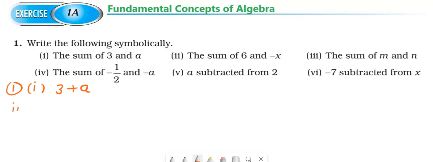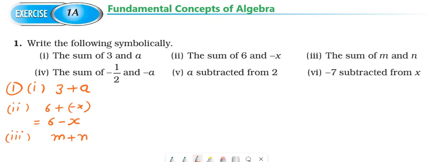Second part, the sum of 6 and minus 6. So beta, this can be done by 6 minus 6. Third part will be the sum of m and n. So m plus n.